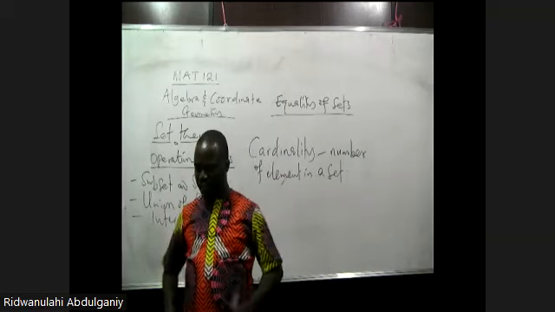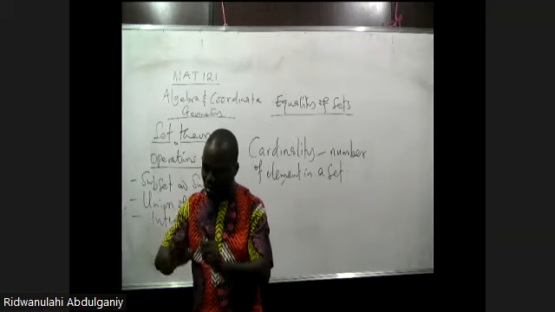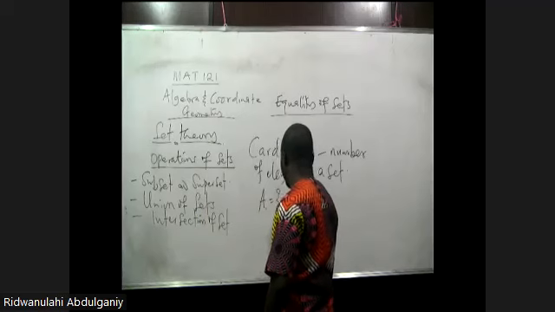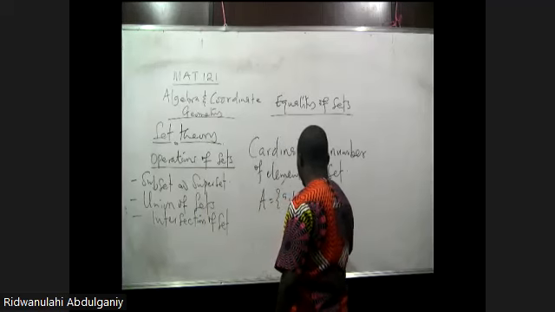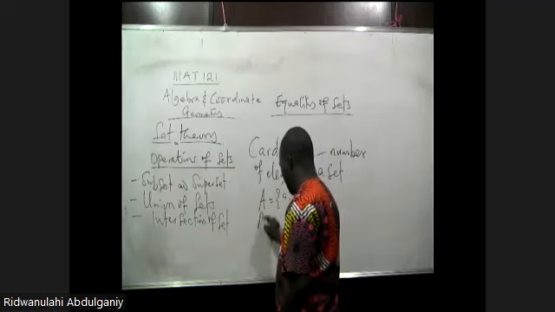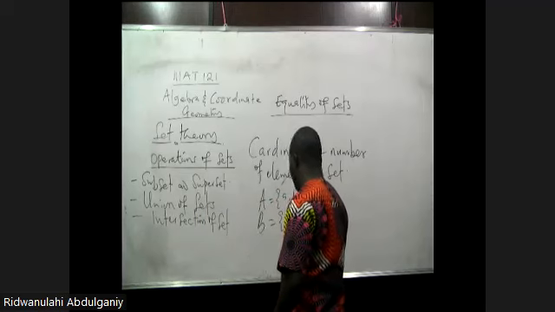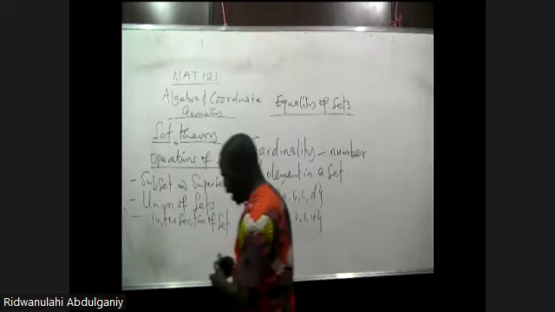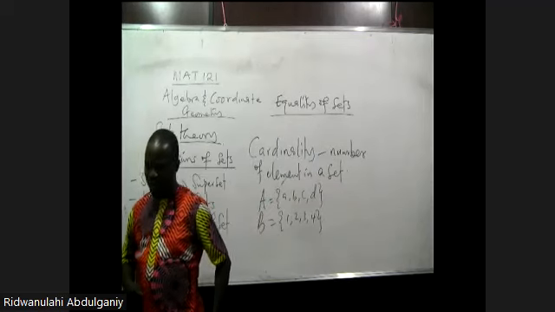Let's quickly look at this example. Can we say that these two sets are equal? Set A contains A, B, C, D, and set B, let me use 1, 2, 3, 4. Are set A and B equal?